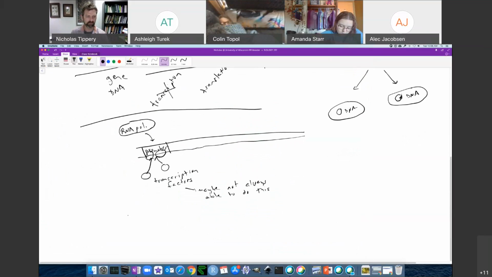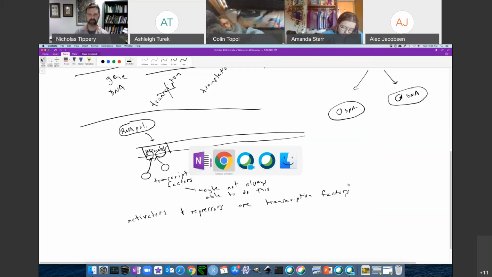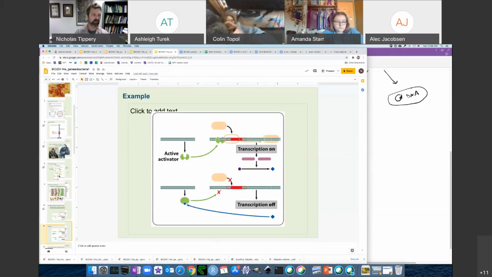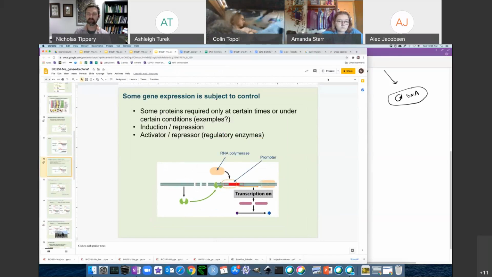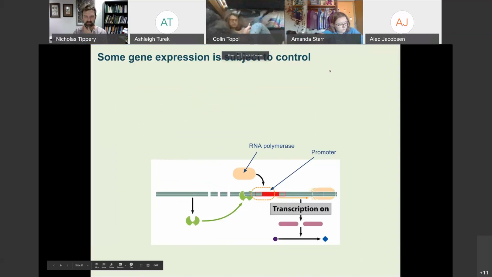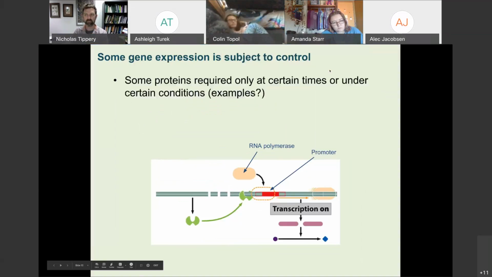So we have molecules called activators, and repressors. And they're in this category of molecules that are transcription factors. They recognize DNA at specific locations and cause, or sometimes, as we'll see, they can prevent transcription. All right, still with us?